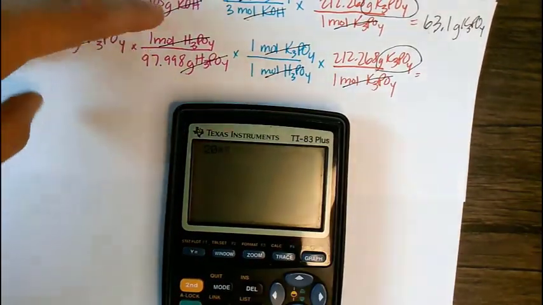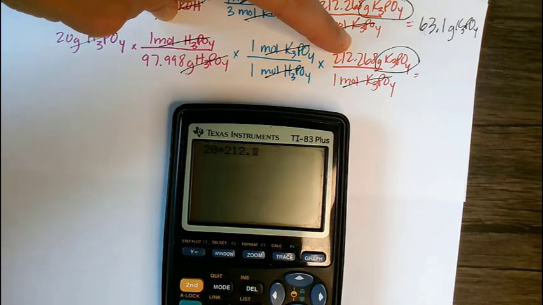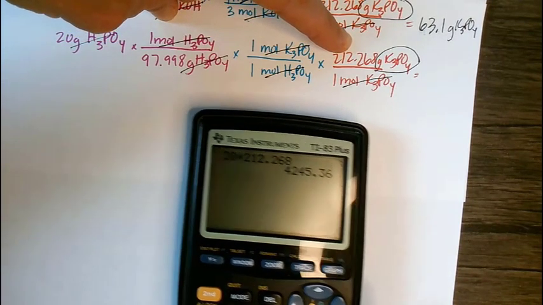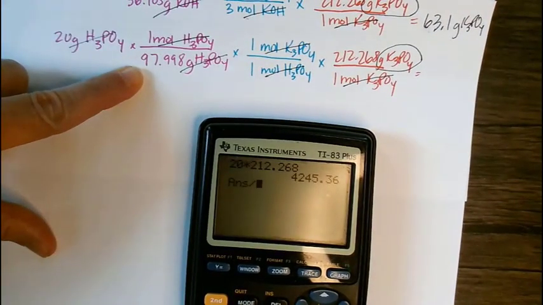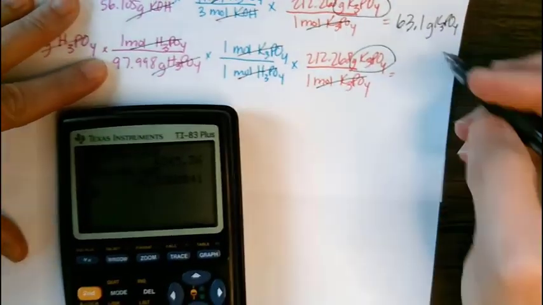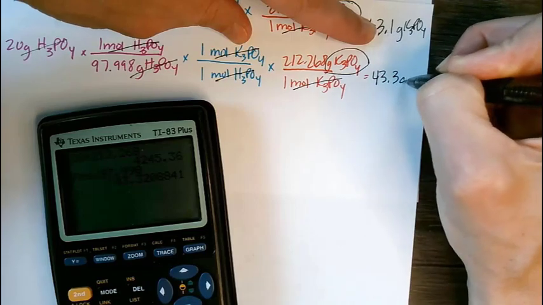And to do our second problem here, I'm going to start with 20 times 1 times 1 times 212.268, and all divided by 97.998.